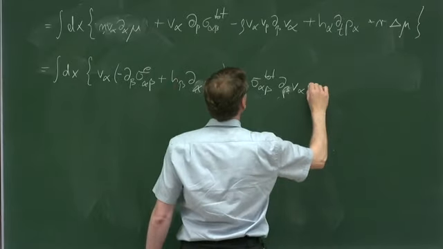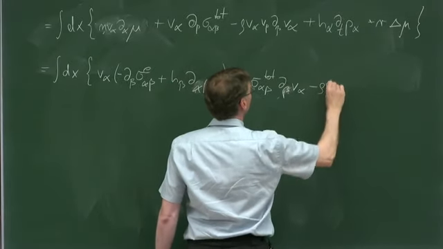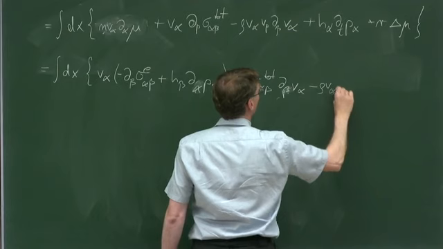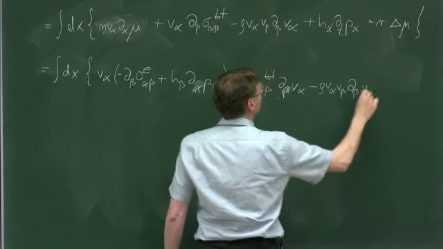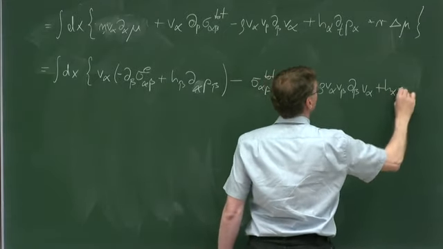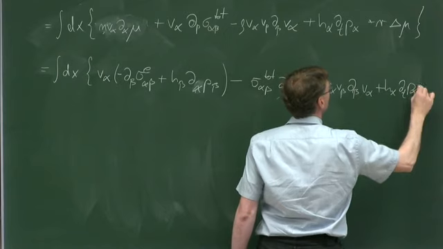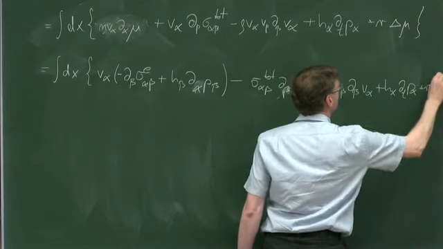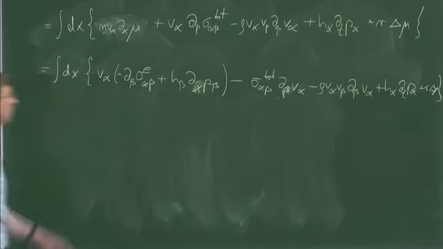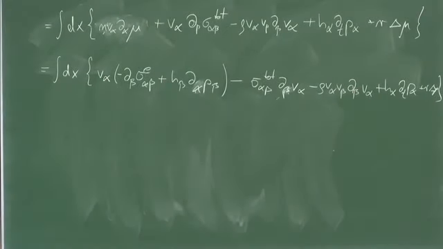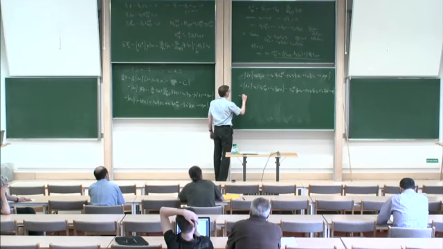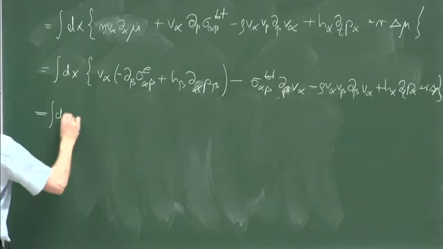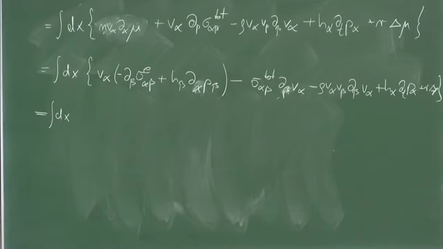I have another d beta v alpha coming from this term here, plus h alpha dt p alpha plus r delta mu. Doesn't really matter if you cannot read it. This is the term that we just have to keep track of. Okay, now we are almost there where I wanted to get to.